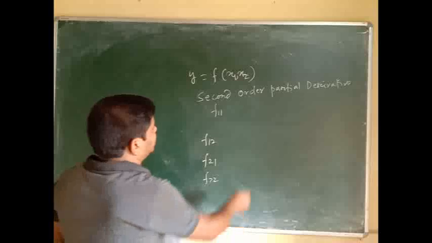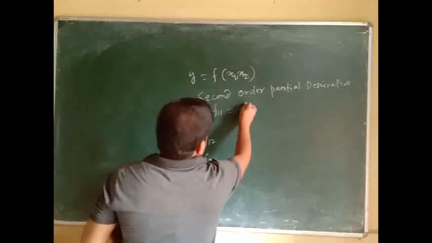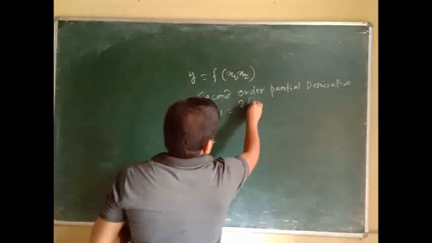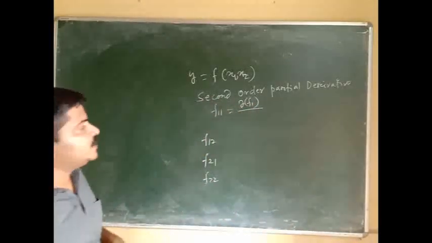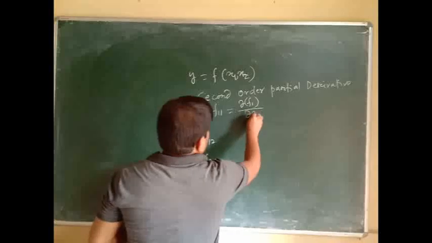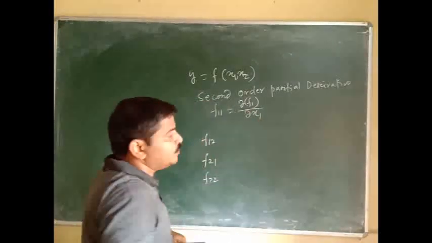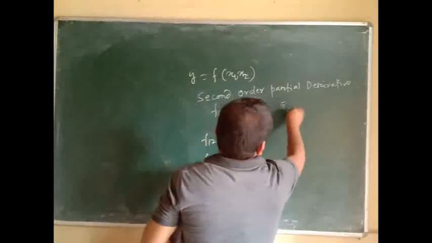F11 means you are getting the derivative of f1 with respect to x1, assuming your x2 as constant.